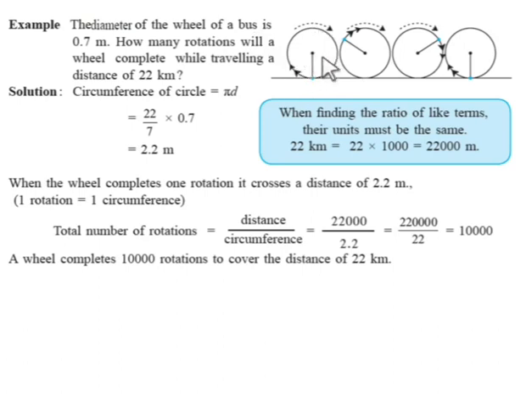You have to find the number of rotations the wheel will make while traveling distance of 22 km. Now, in one round or in one rotation, distance covered is the circumference. So, if you divide the total distance by the distance covered in one round, you will get the number of rotations. So, for that, first we have to find the circumference of a circle.